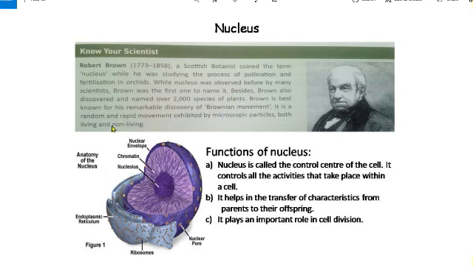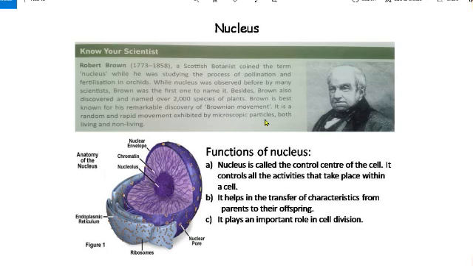Brown is the best known for his remarkable discovery of Brownian movement. What is Brownian movement? It is a random and rapid movement exhibited by microscopic particles, both living or non-living. So Brownian movement is a different kind of movement which is shown by very small particles.